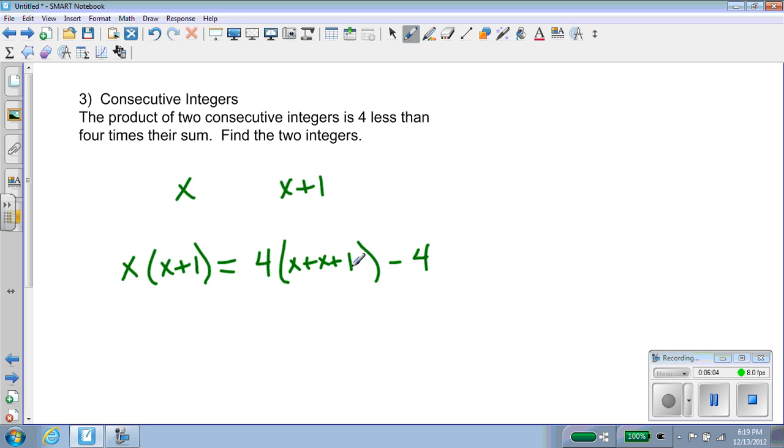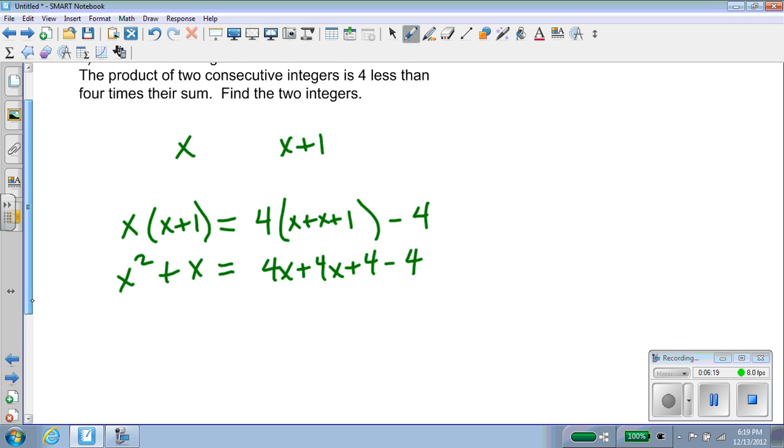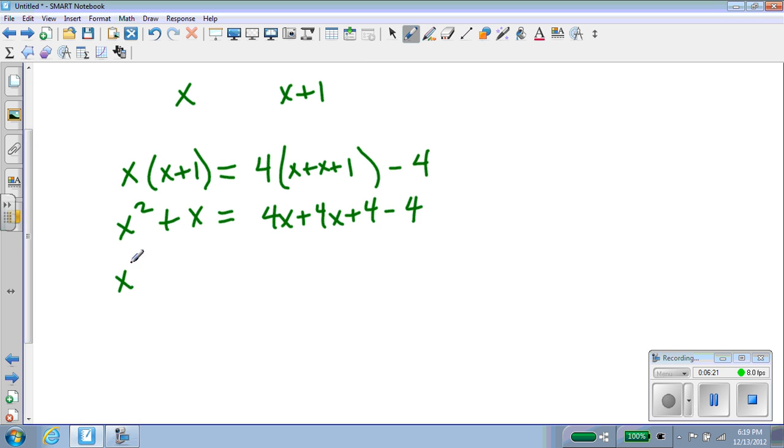Okay, jump right in. So I have x squared plus x equals 4x plus 4 minus 4. x squared plus x equals 8x. And these cancel. So I'm going to subtract 8x from both sides so I can get this to equal 0.